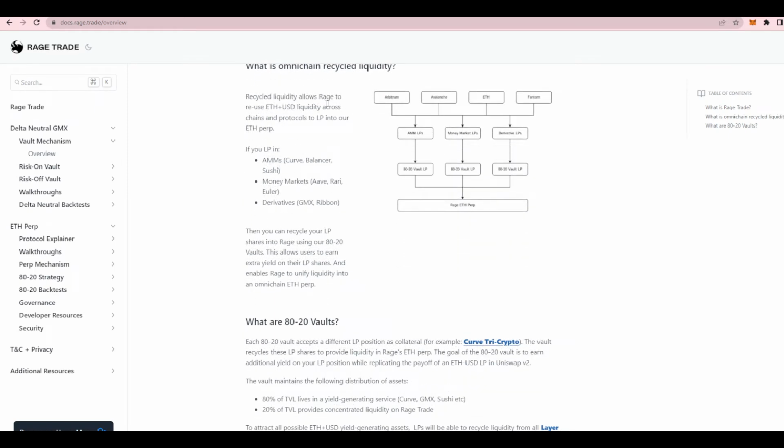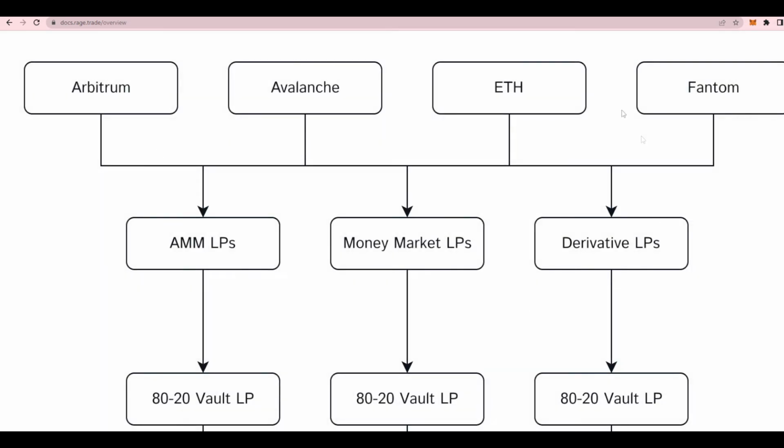Well, recycled liquidity allows Rage to reuse ETH USDC liquidity across chains and protocols to provide liquidity into their ETH perpetual future. So we'll take this diagram here. This will really show what's going on. So you have various different chains here: Arbitrum, Avalanche, Ethereum, and Phantom.